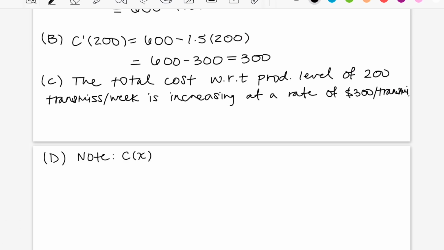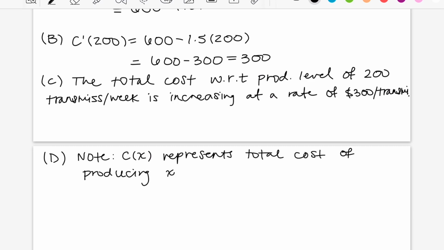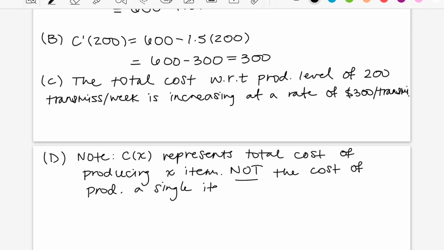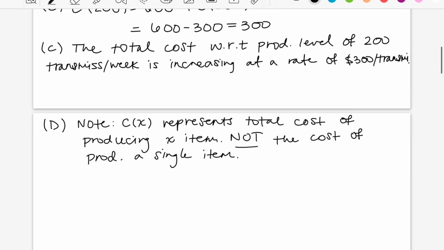So our cost function here represents the total cost of producing X amount of items, not the cost of producing a single item. Okay, so we have to be careful with that.